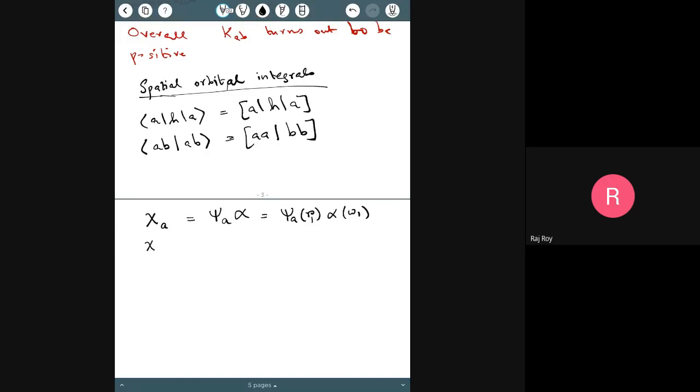And then if you have another spin orbital, which I write with a bar, the bar means that the spin part is a beta spin. So that is psi a of r1 again and beta of omega 2.